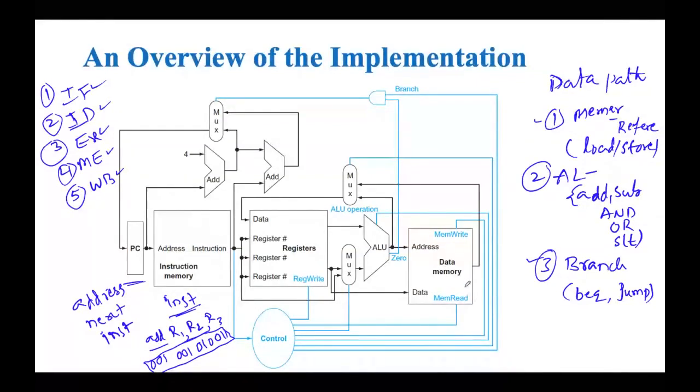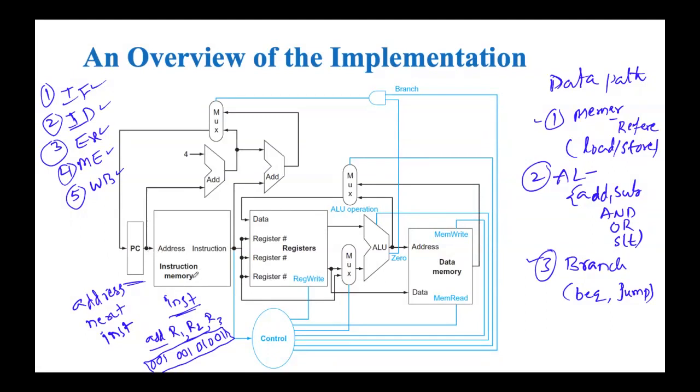Here you can see that the data memory unit is different from the instruction memory, right? Now let us see how the data is transferred. In the data path implementation, the output of the program counter is the address of the next instruction, right?